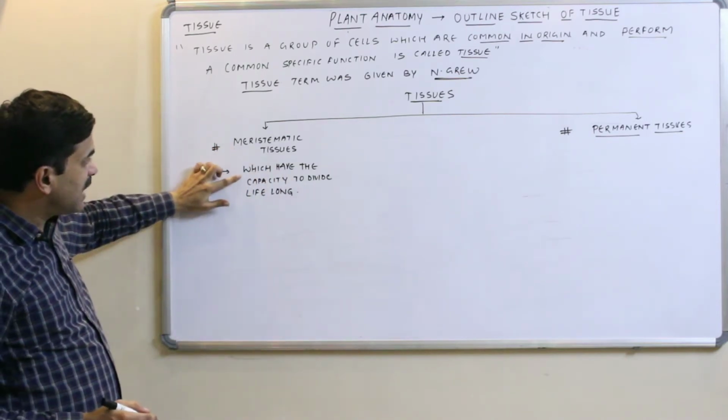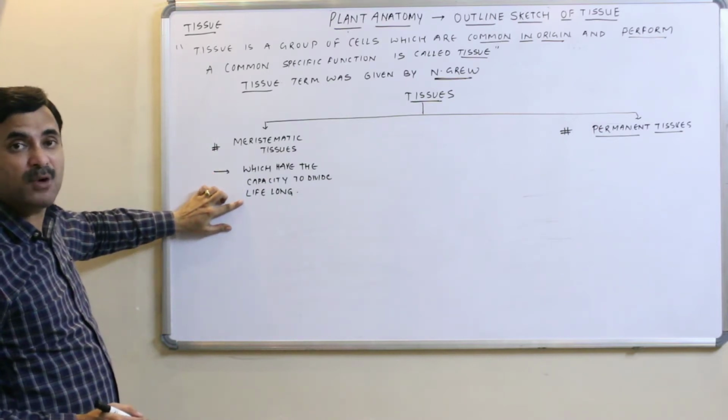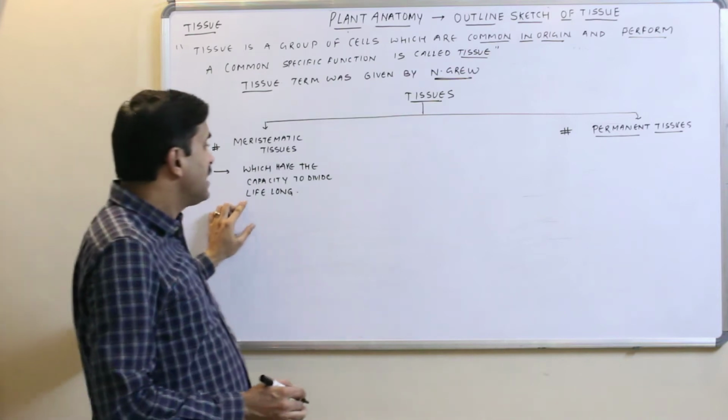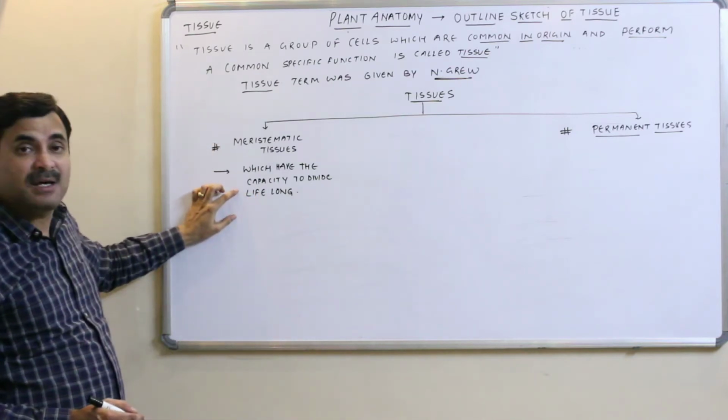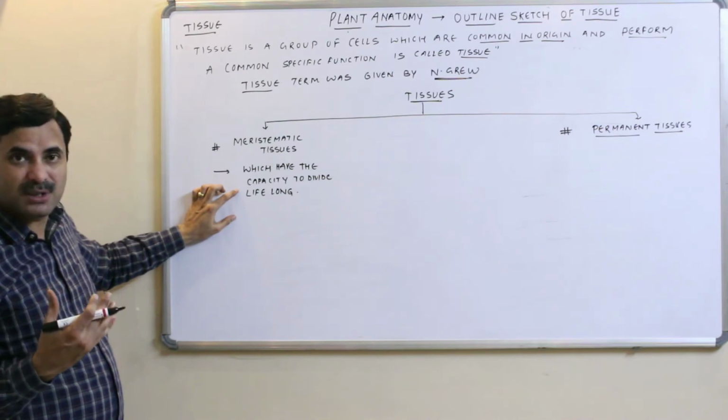They have the power of continuous division, and that's why plants can show unlimited growth lifelong.